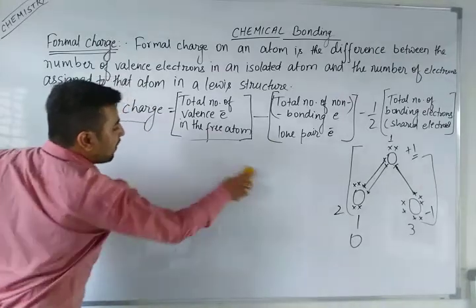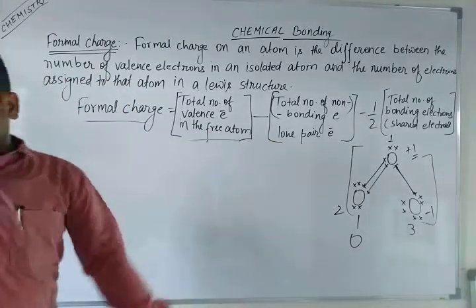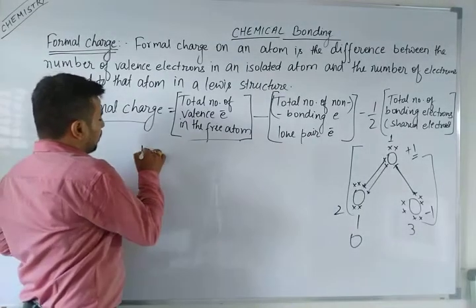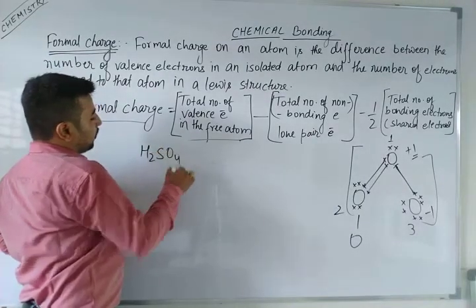See this, just remember here how to represent the atoms. That is the main thing, how you are representing the atoms. Now I'm talking about the formal charge of sulfur. I'm giving you one structure that you know very well: H2SO4, sulfuric acid.